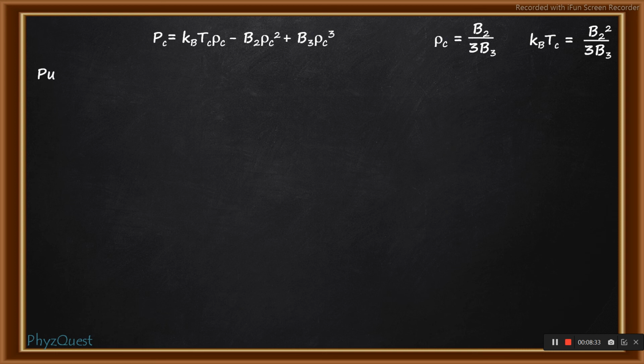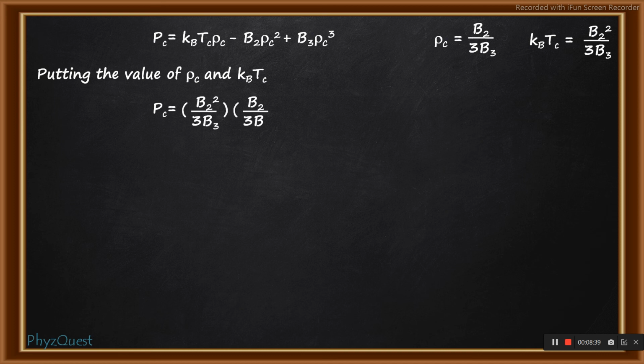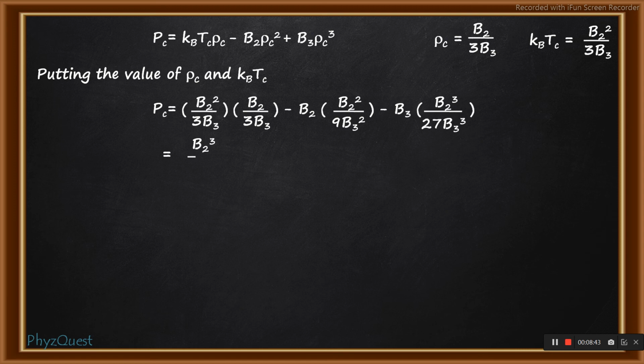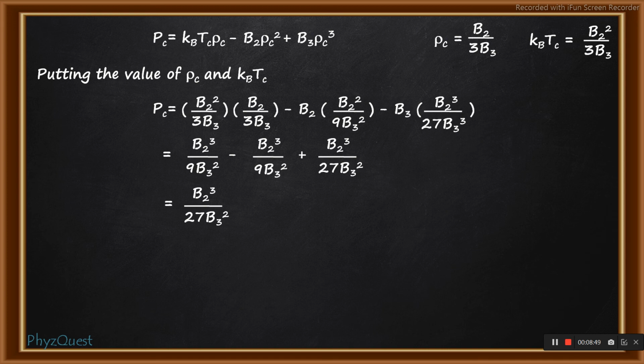Upon doing the further calculation and simplification, ultimately it will yield the value as b2 cube divided by 27b3 square. So we have got the value of all the critical parameters.